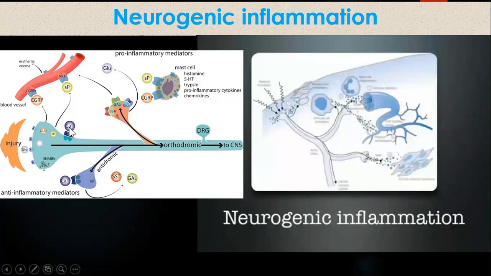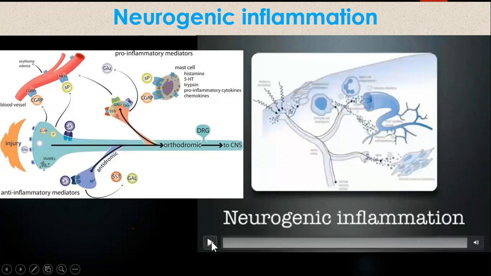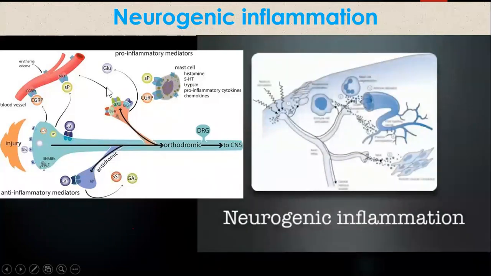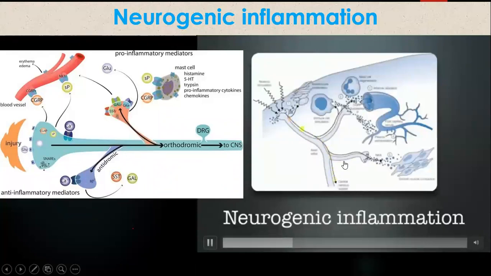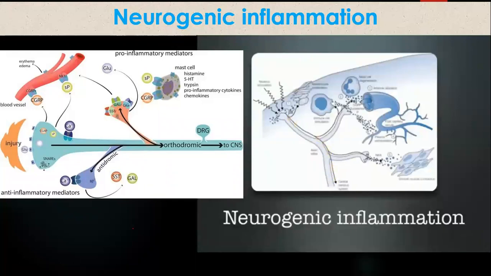So ideally, what they are supposed to do is go through a normal orthodromic pathway. That is, they are supposed to conduct the impulses and reach through the trigeminal nuclei and the higher brain centers to evoke the pain sensation, right?